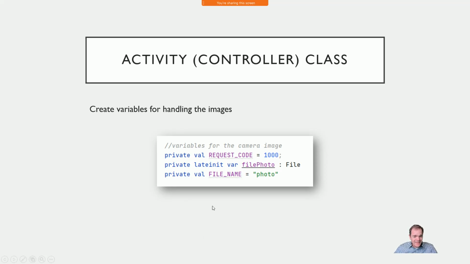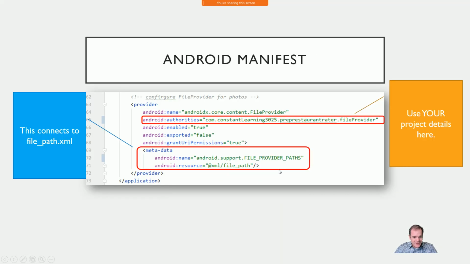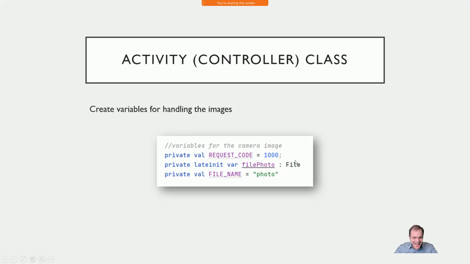And here, whoops. This file photo, that's really just a link to our file. So when the camera takes a picture, it gets put into that path that we just defined, and we're going to use that variable to access it. So let's put that into our activity now.